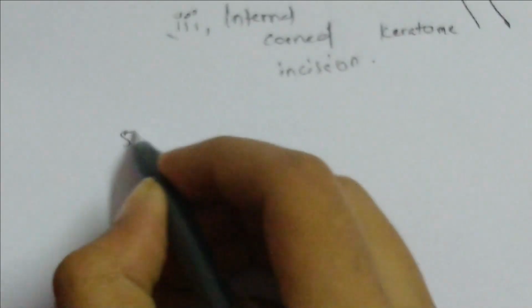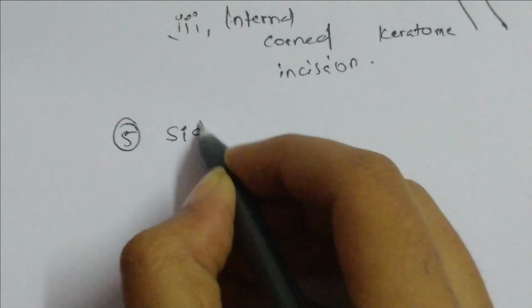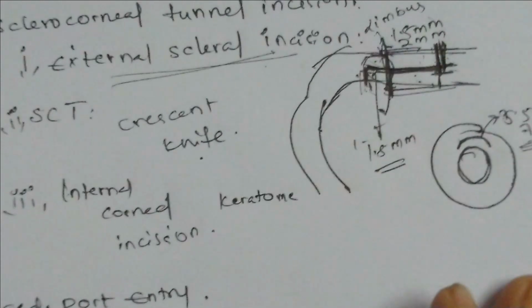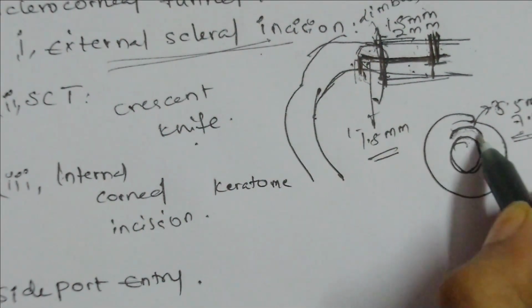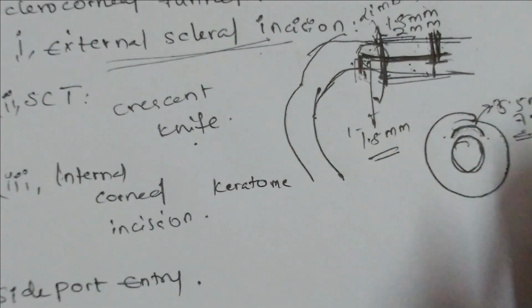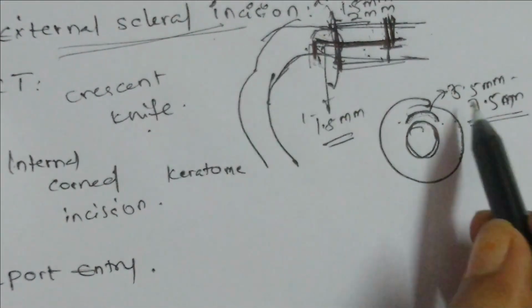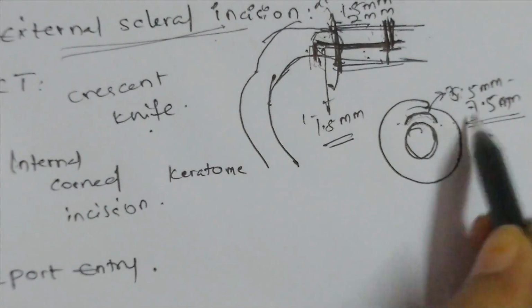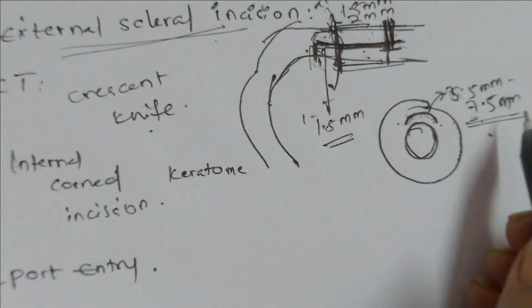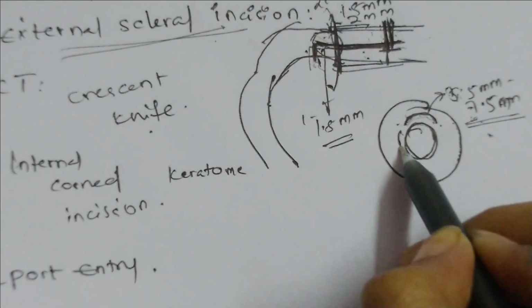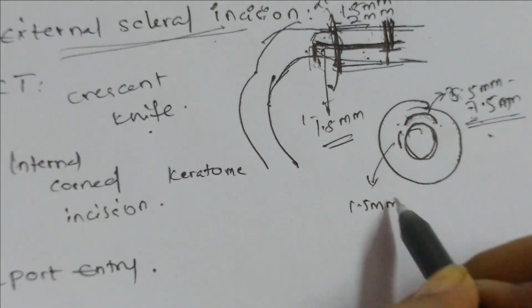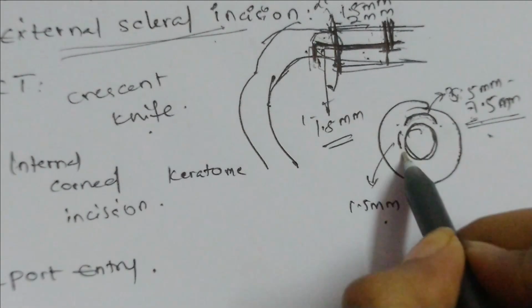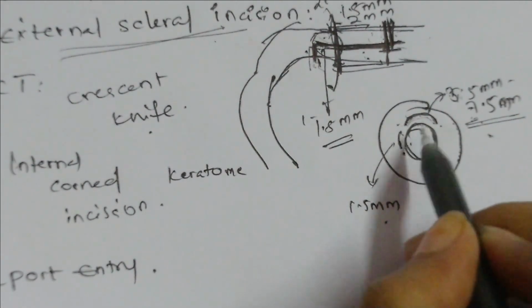The next step is side port entry. We have seen earlier that we made an incision from 10 o'clock to 12 o'clock position. A 5.5 to 7.5 millimeter incision is given, and in this side port at 9 o'clock position, a small incision of 1.5 millimeters length is made. What is the purpose of this side port entry?